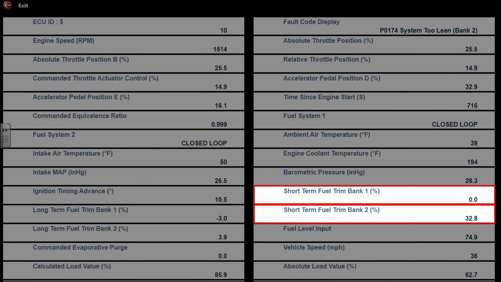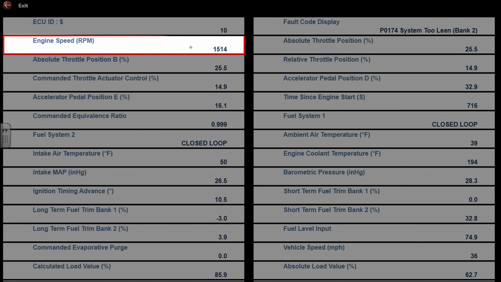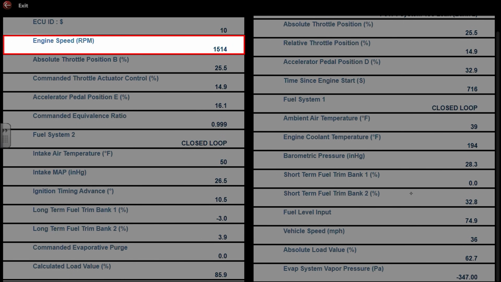So that's looking more to me like a potential oxygen sensor problem maybe. There could be other things too for sure, but seeing that with bank 1 being 0 and bank 2 being 32%, I don't know that that suggests vacuum leak to me. This was at 1600 RPM. Yeah, absolute load was 62%. This was not at idle.